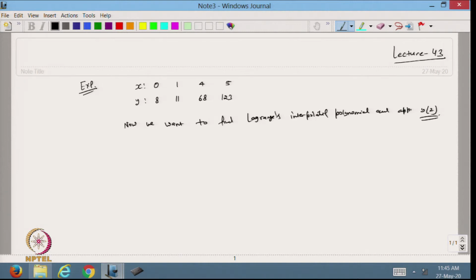So, 2 will lie here. At this value I want to find the value of the function.